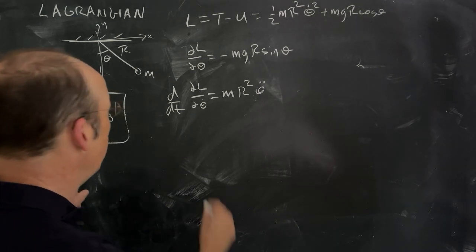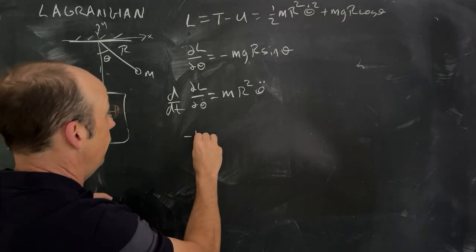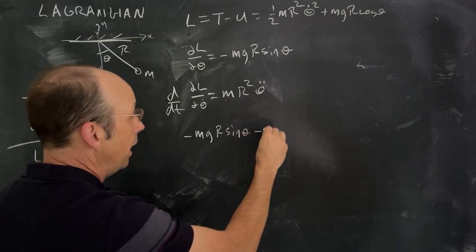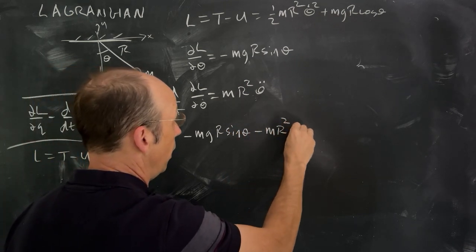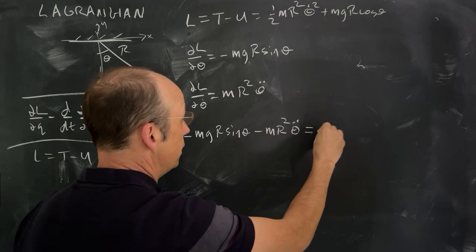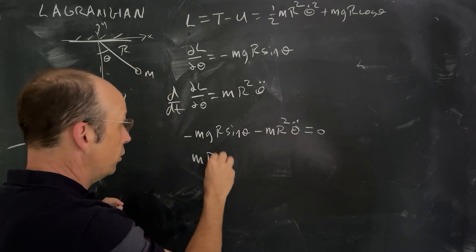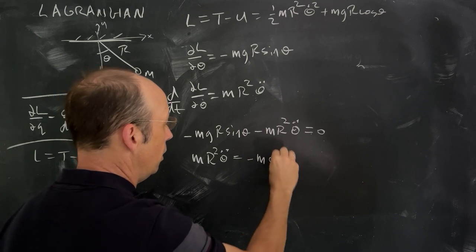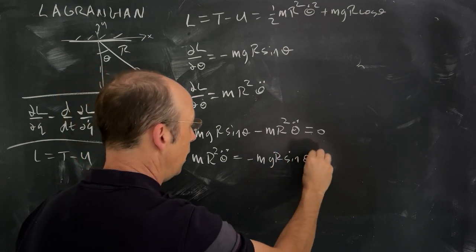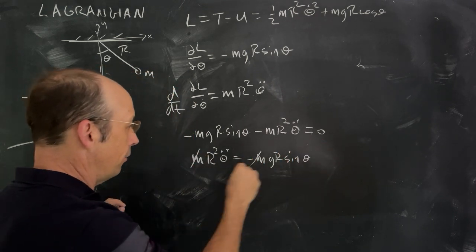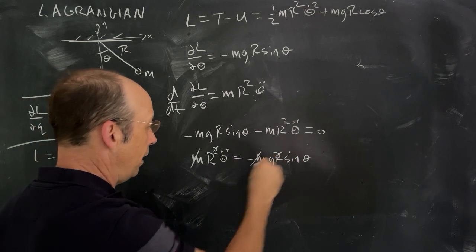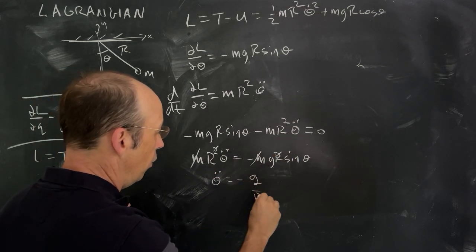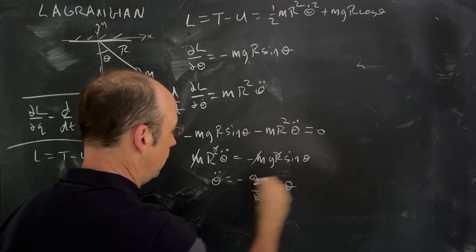Now putting this together, I have negative mg r sine theta minus m r squared theta double dot equals 0. So m r squared theta double dot equals negative mg r sine theta. Mass cancels. That cancels with that. Theta double dot is negative g over r sine theta.